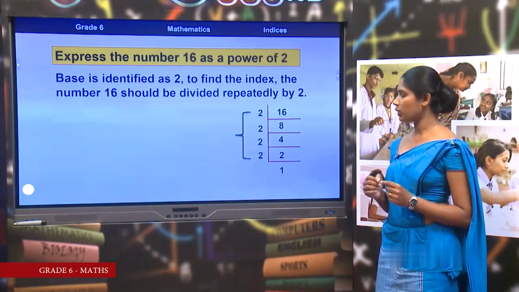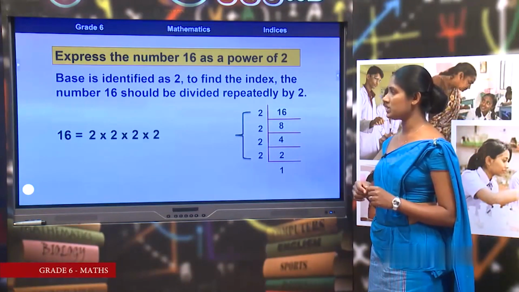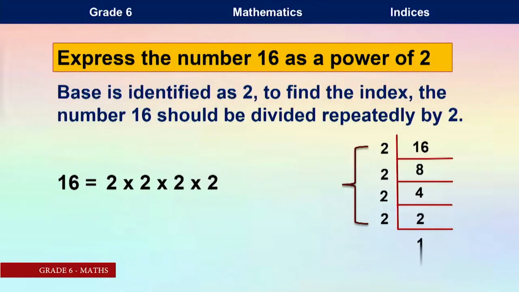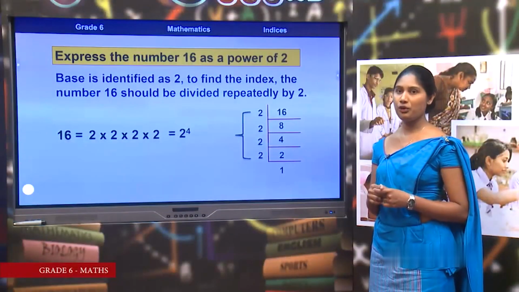1, 2, 3, 4. Then we can write 16 using those numbers as a product. Then 2 multiplied by 2, multiplied by 2 and multiplied by 2. Those I have used to divide 16. Then you know how to write this using index notation, that is 2 to the power 4.